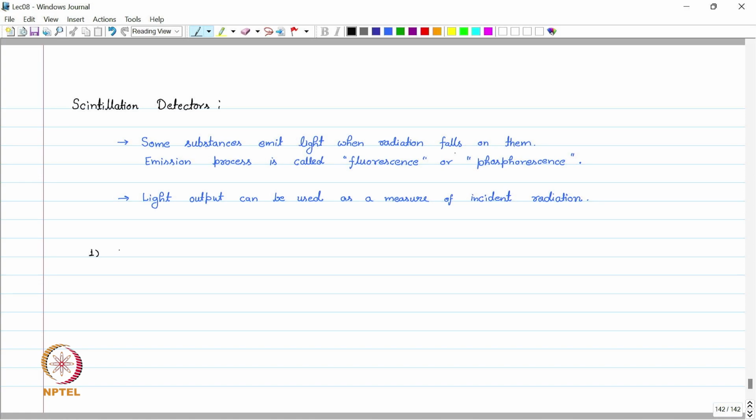The first one is fluorescence. In this process, there is prompt emission of visible radiation from a substance following its excitation.